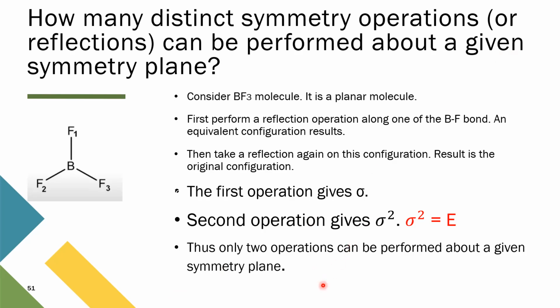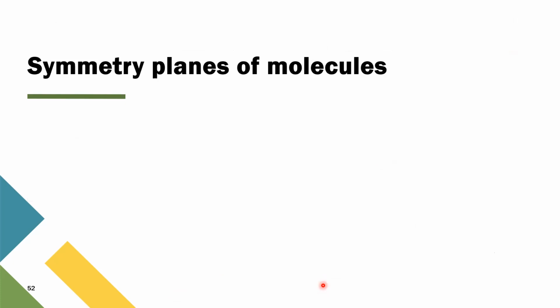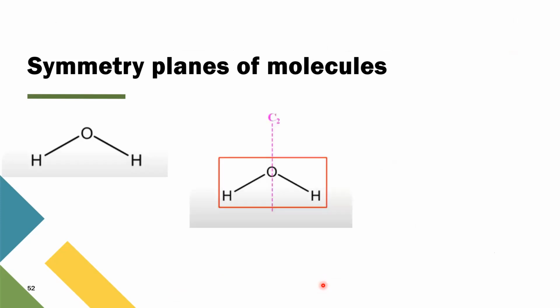Right. Okay. So we'll move on to symmetry planes. Now we take the water molecule, H2O. We know this has a C2 axis which goes through the oxygen atom. Though we write it like this, it's a bent molecule and it lies in this plane. So this C2 axis contains the mirror plane.